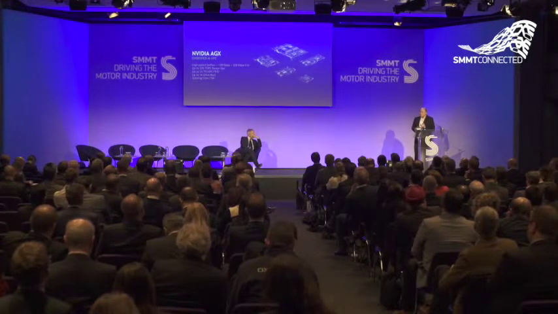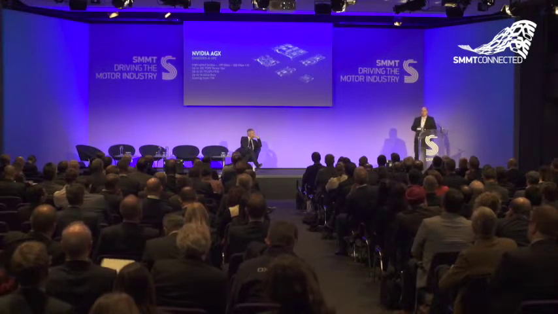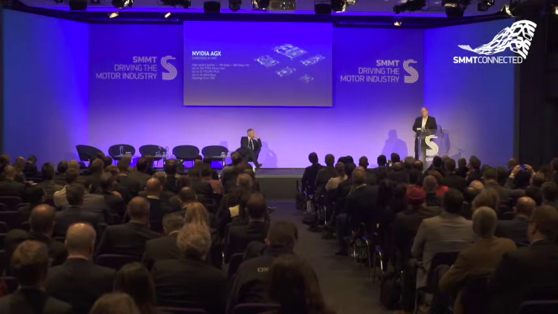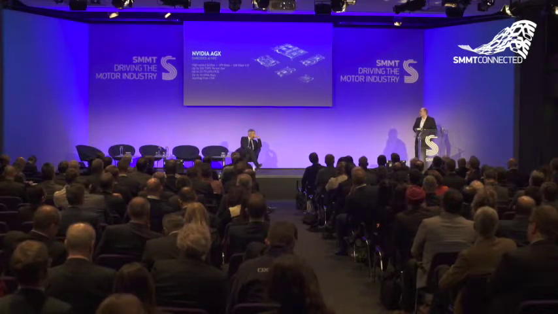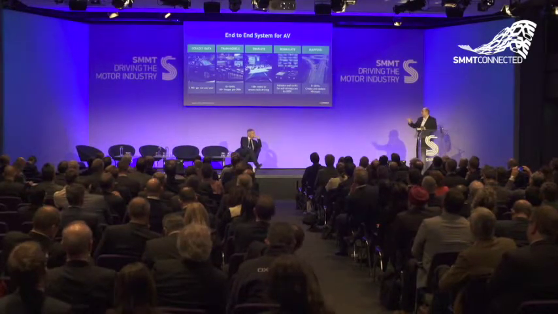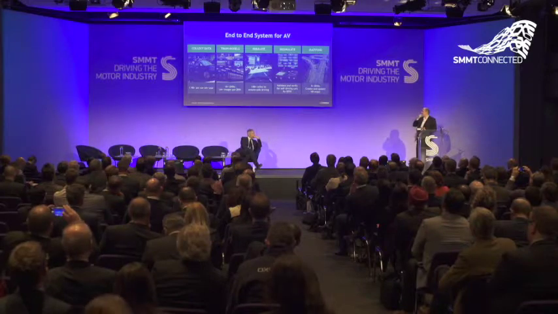But at the same time, we've discovered that it's not enough to build just the hardware platform, because actually the problem is surprisingly complex. So what we've started to do over the last couple of years, we've started to build what is now a fairly mature end-to-end system for autonomous driving.